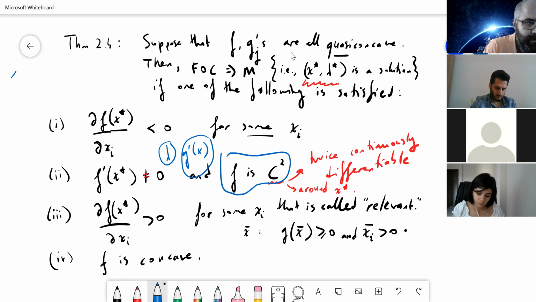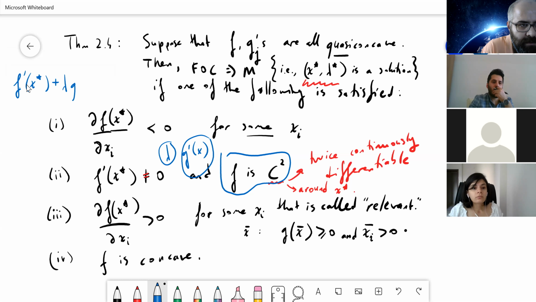Because we already know this. From the Lagrangian, I know that F prime X plus lambda G prime X star, for some i, of course, is less than or equal to 0.